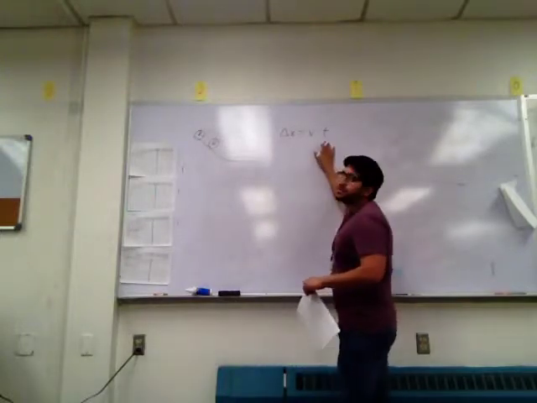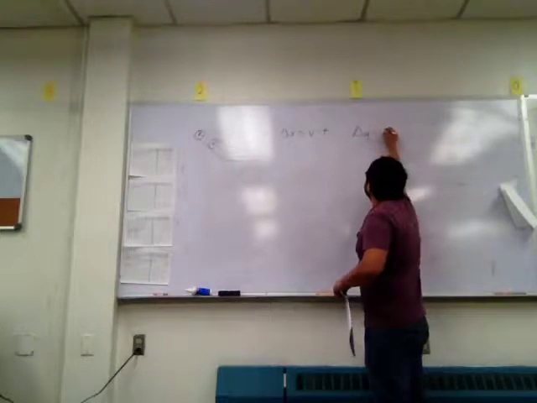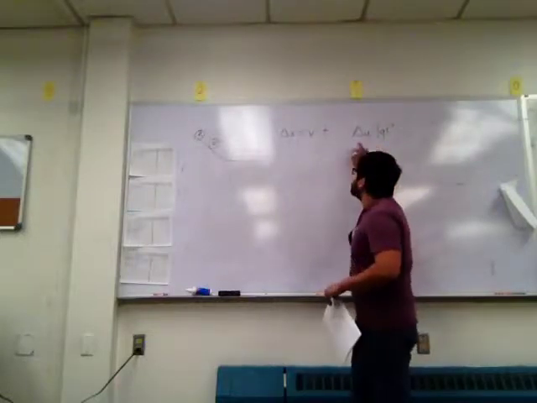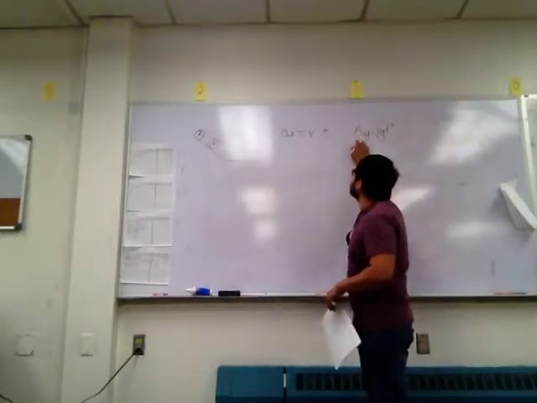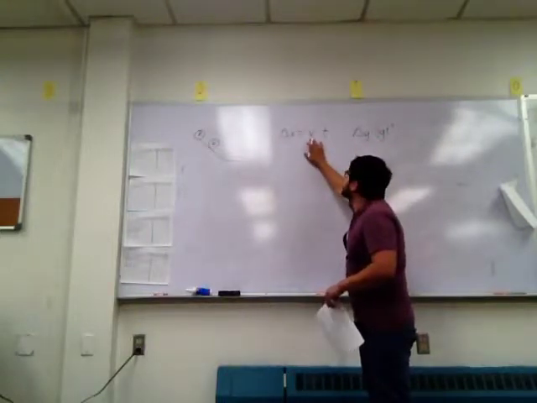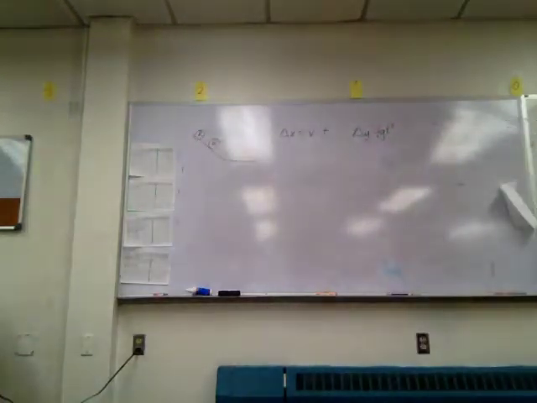And I know the time in the air is going to be the same, because the drop is one half a t squared. I know the time in the air is going to be the same for both because they drop from the same height. Gravity affects both the same. And I know that the velocity will be the same for both, so they're going to have the same range.